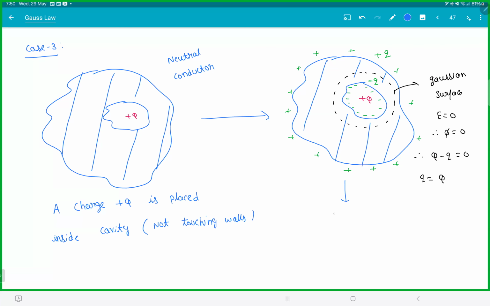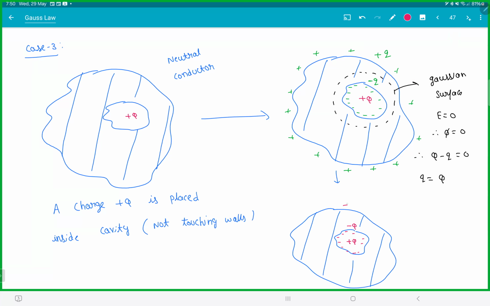So the final diagram would be like this. If you put plus Q here, you will induce minus Q, and on the surface you'll get a plus Q. The outside one is still neutral.